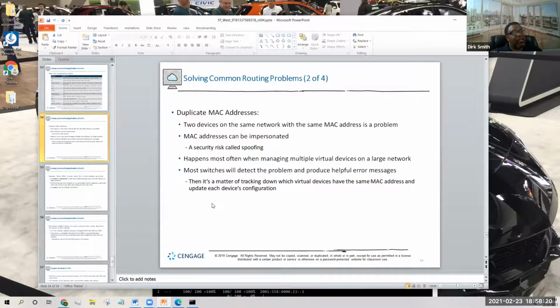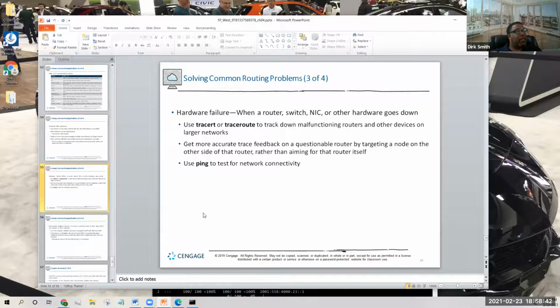But I have seen duplicate IP addresses, and these networks are so smart that as soon as the network sees it, you don't even have to program it. As soon as it sees the duplicate IP address, it's definitely going to throw an error and let you know, saying I detected a duplicate IP address on the network. So I've never seen a duplicate MAC address.